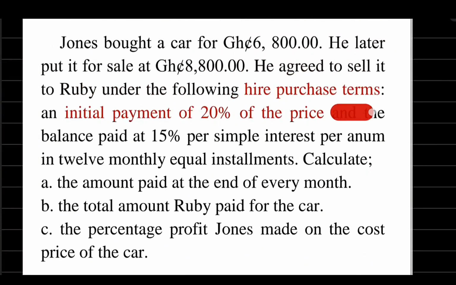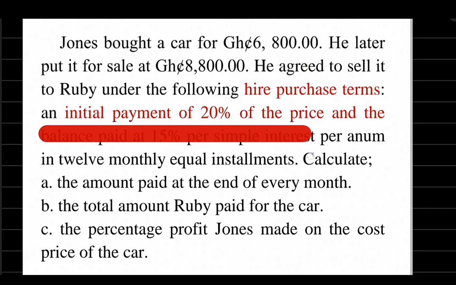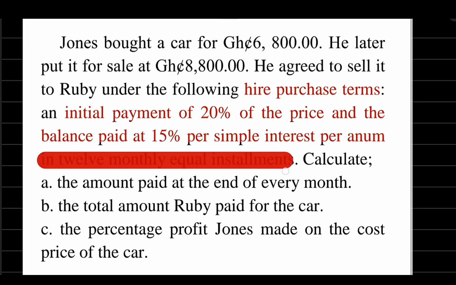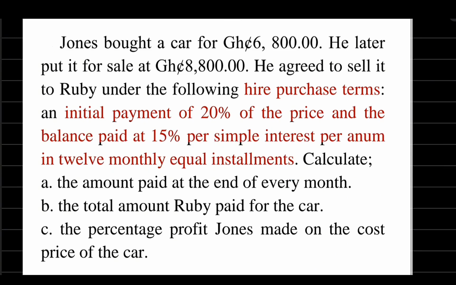And the balance at 15% simple interest per annum in 12 months equal installment. So that means after he has paid the initial payment of 20%, the balance is to be paid at the rate of 15% simple interest on an installment basis for 1 year.